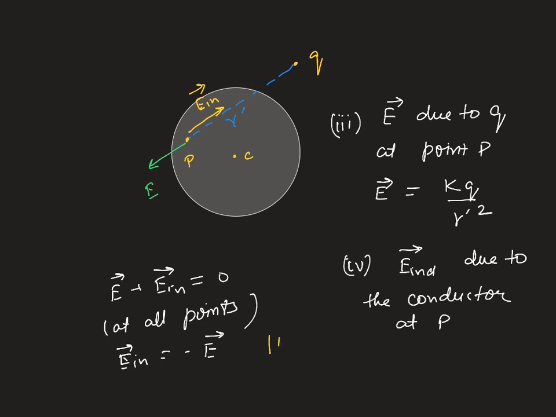And magnitude wise it is going to be the same, so the induced field can be written as KQ upon R dash squared. Again it's the same conductor, so charge outside obviously, and this is C and this is P obviously.